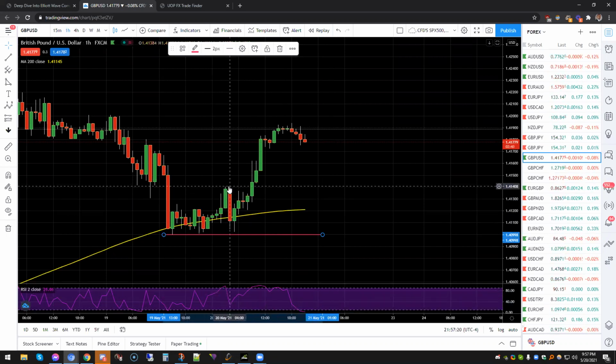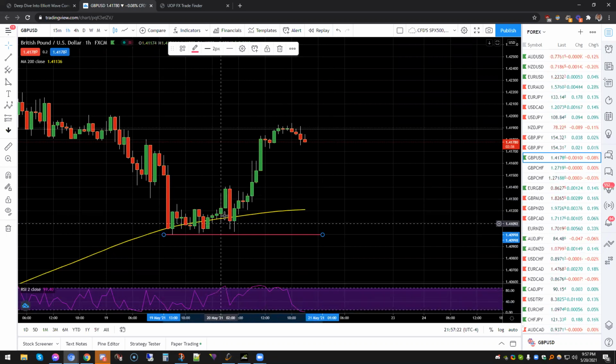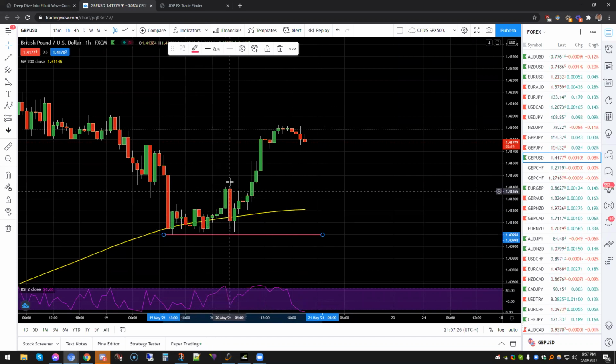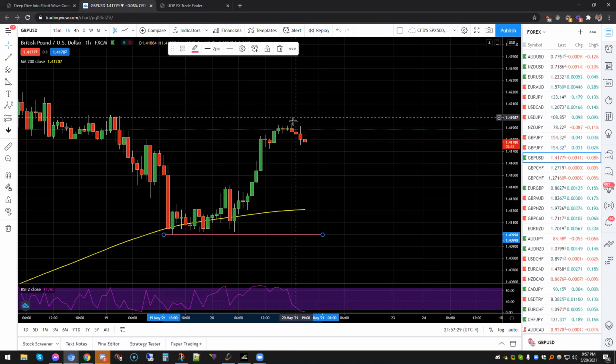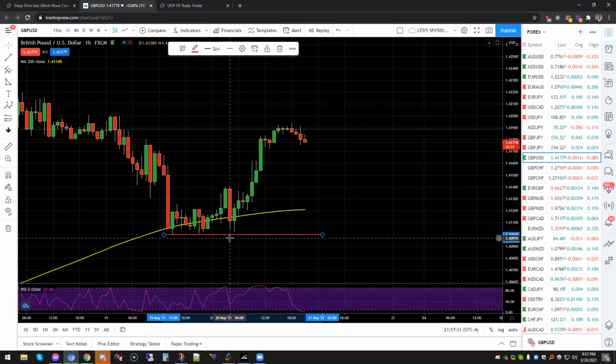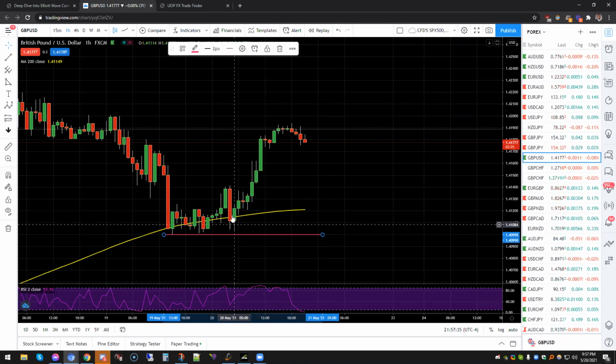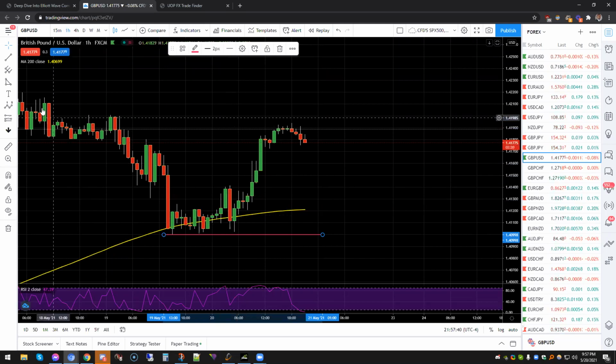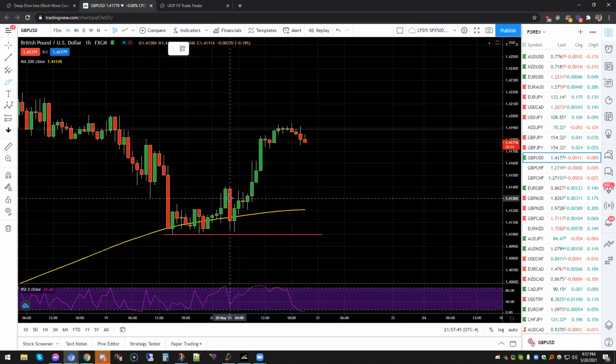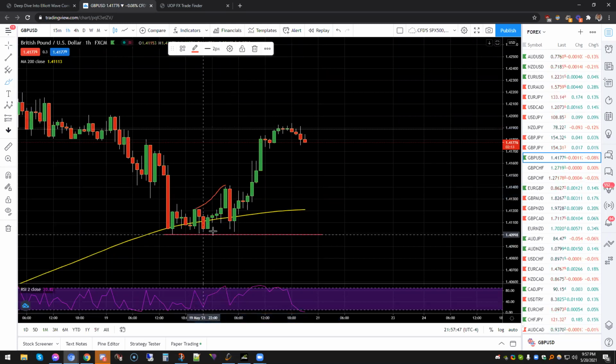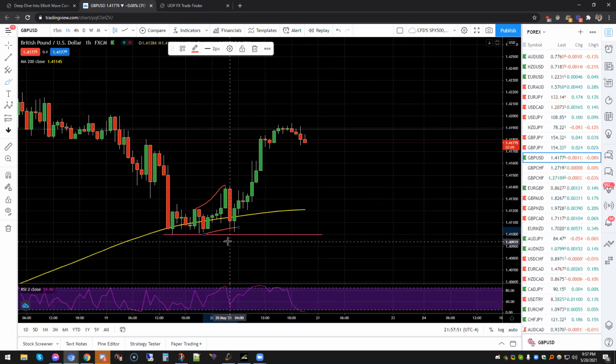So if this is 3 waves up, and this also looks like 3 waves right here, this move definitely is corrective. We got this sharp move down and we got this push up. With me getting this sharp move down like this, it's either going to tell me that these two are going to match each other like that, making this a 1, 2, 3, making that a flat.